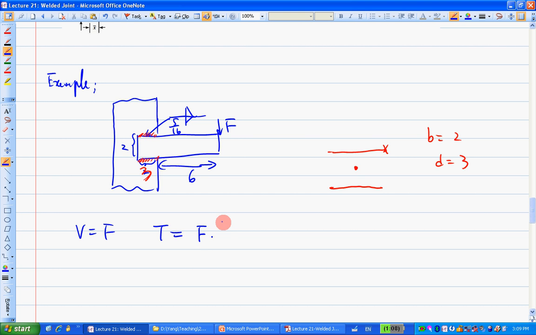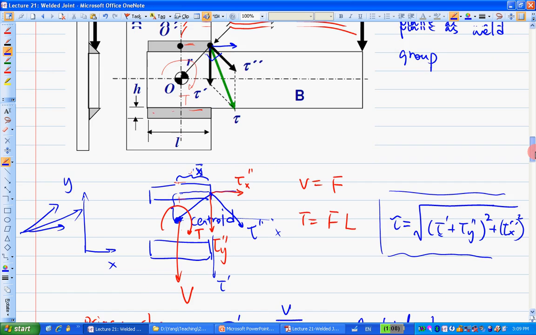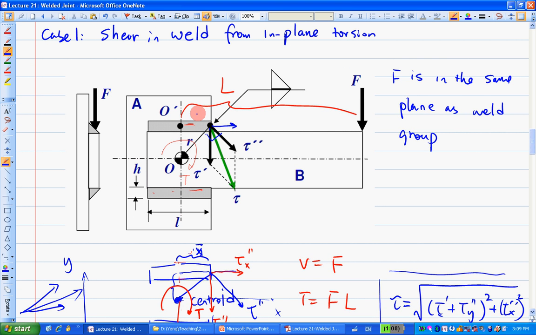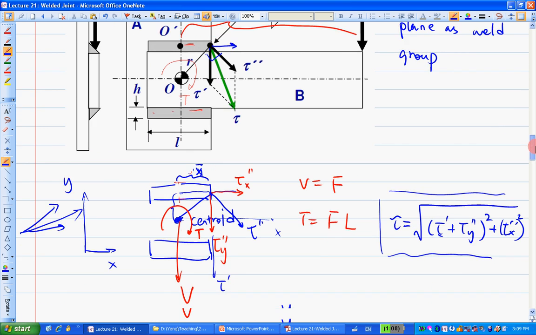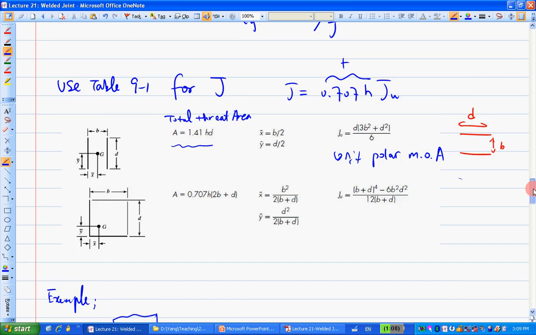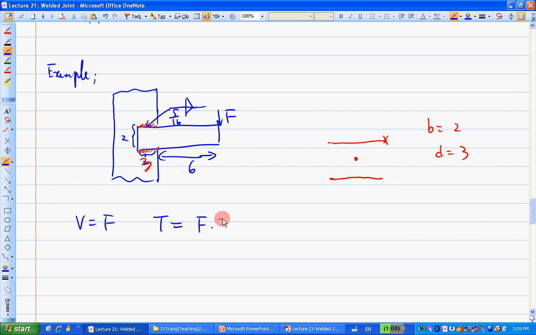F times the distance to where? To the centroid, right? Let's use a 3. 7, okay, very important. Oh, sorry, 7.5. Yeah, 7.5.